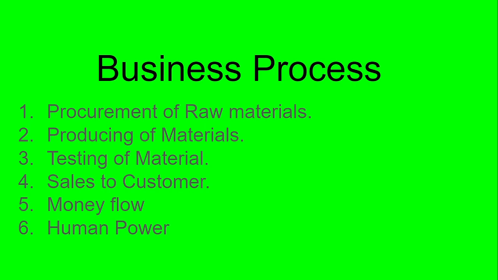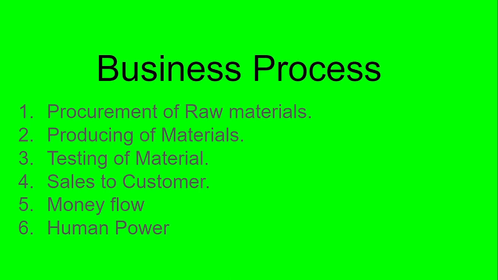So what is the process? First, to produce a material, we require raw materials. So procurement of raw material is the first activity done. Next, after procuring the raw materials, we will produce the material from the raw material.